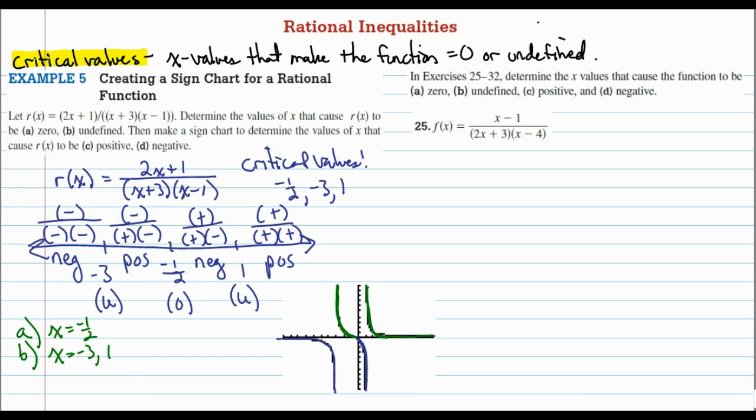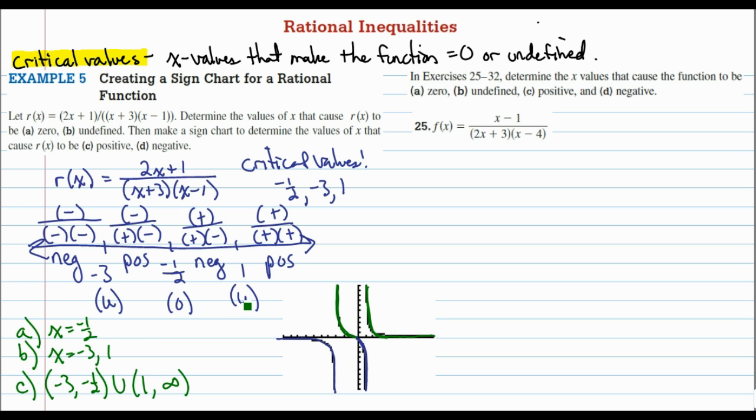C, the values that make the rational function positive, the x values are between -3 and -1/2, not including, and then again from 1 to infinity. Now, -3 does not make the function positive. It makes it undefined. -1/2 doesn't make it positive. It's 0.